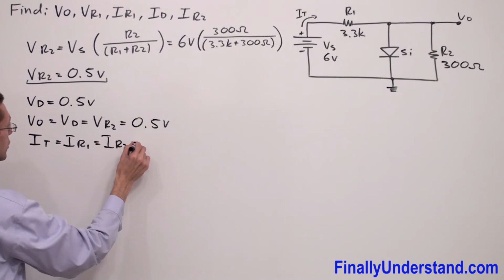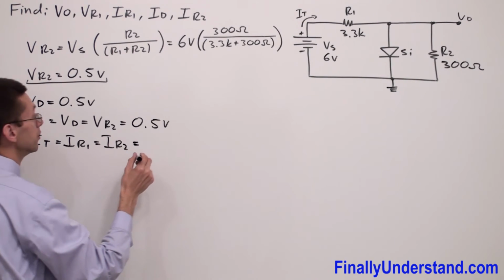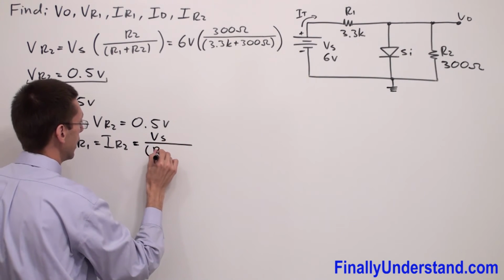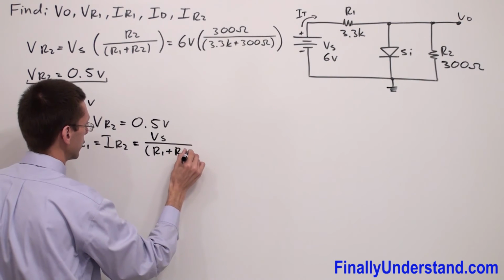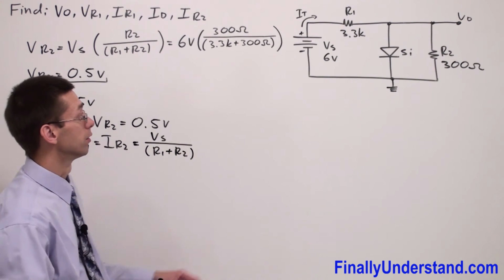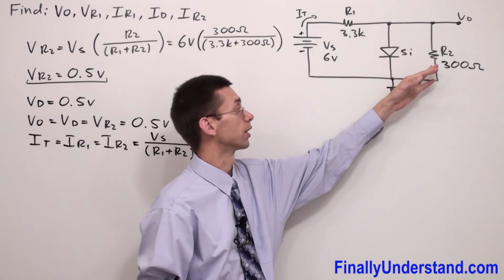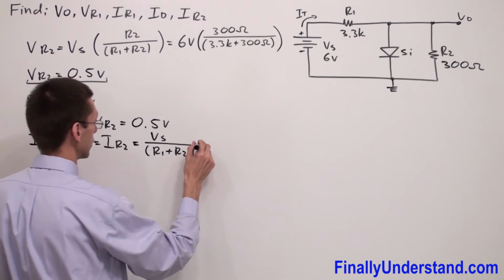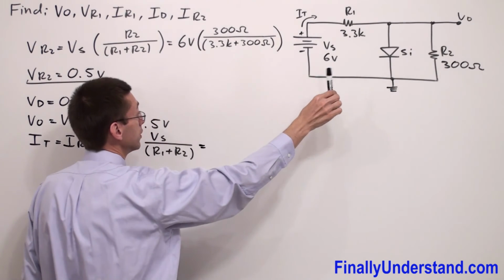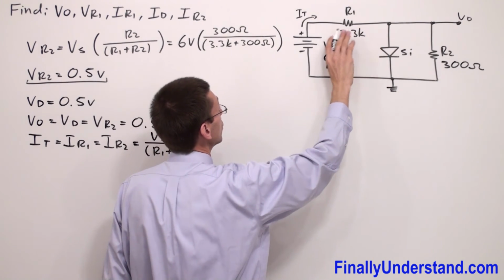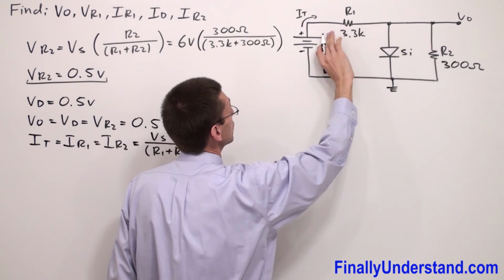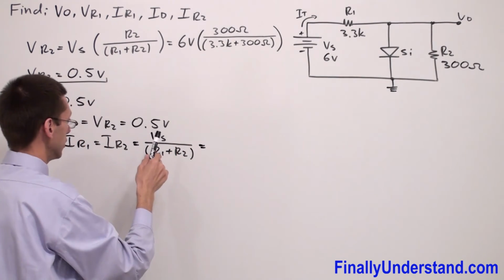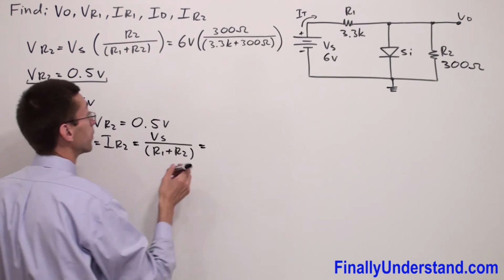This is found by simply dividing the voltage source over R1 plus R2. We can also divide Vout over R2. We're going to get exactly the same value, because the diode is ignored, the diode is not working, so this is nothing else but a series circuit. If you want to find the current in a series circuit, you're supposed to divide the voltage source by the total resistance.